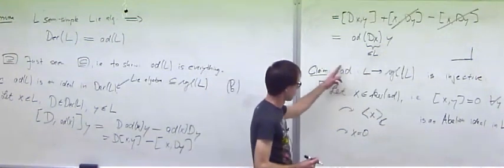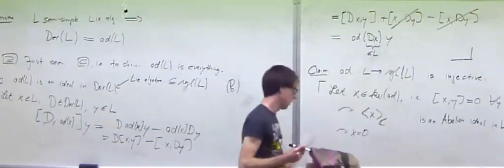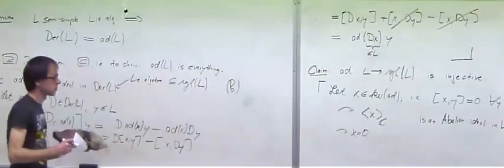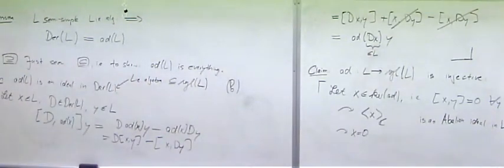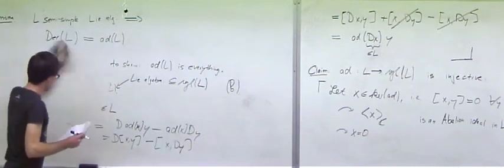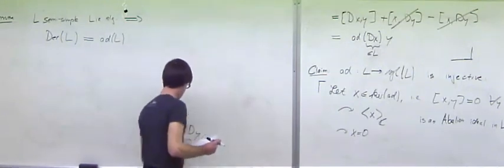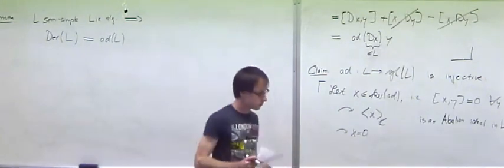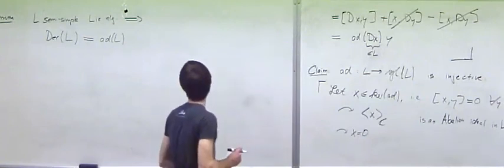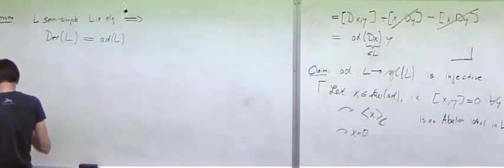So the adjoint representation is injective, or faithful, as people say in this context.